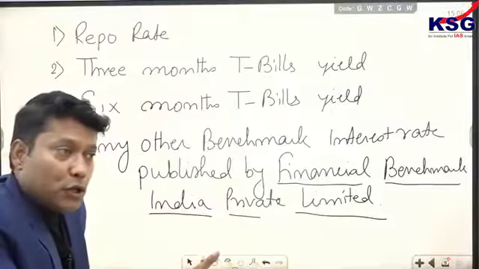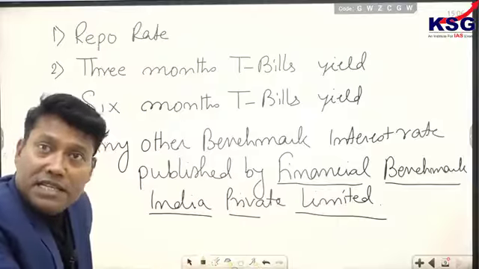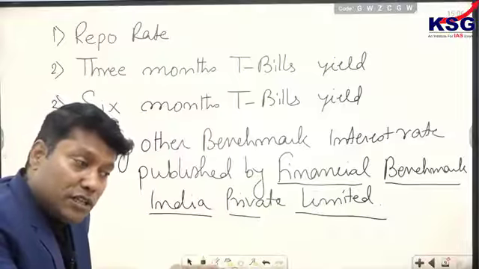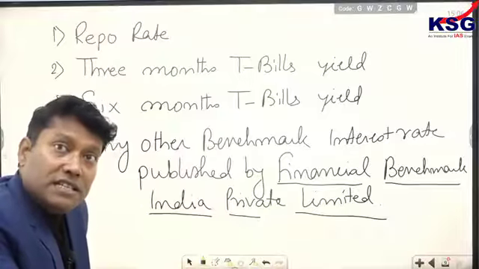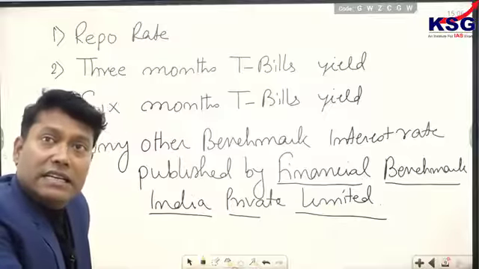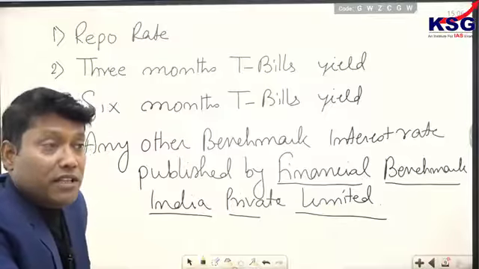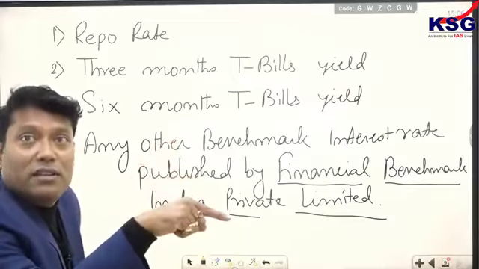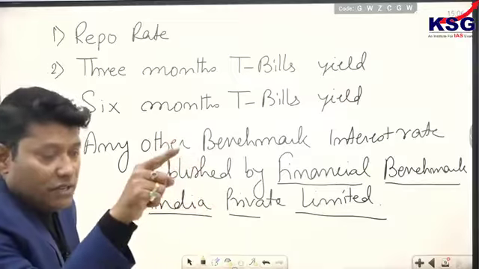So the moment MPC is meeting in every quarter, you have to link with the lending rate. So there is a provision that banks have to revisit the lending rate every 3 months. Why every 3 months? The moment RBI is going to change the repo rate, you have to change accordingly. So this criteria is meeting with that.